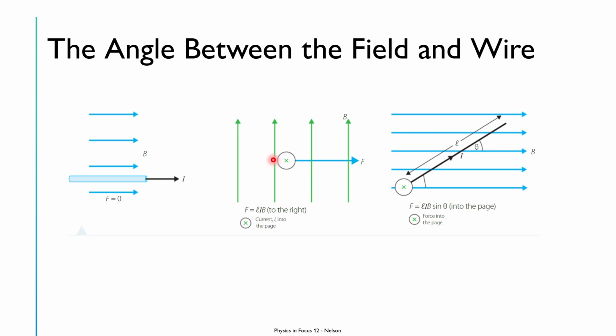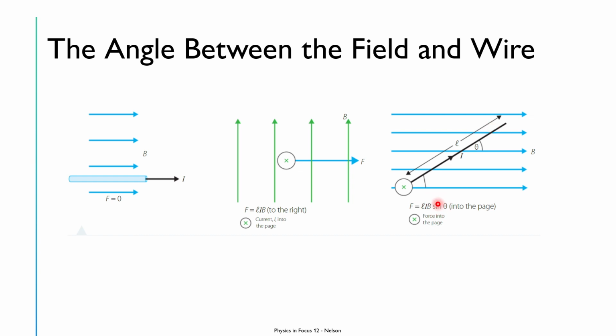If we have a perpendicular field to the current, we will experience the maximum force for that particular setup or scenario. And in instances where the current carrying wire is at an angle to the field, the perpendicular component of that current essentially is what contributes to the force that's experienced by the wire.